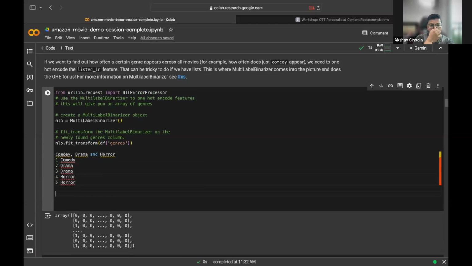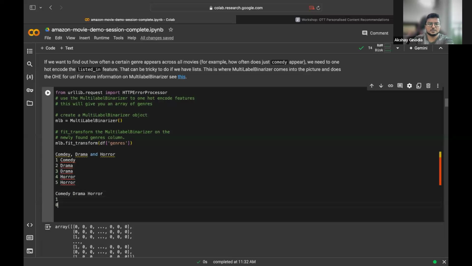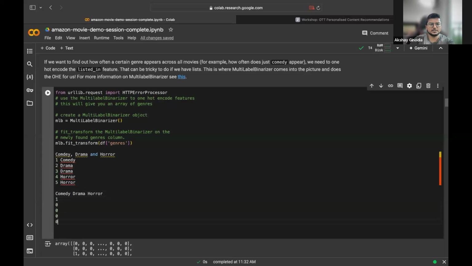what it is going to do is create three columns: comedy, drama, and horror. For comedy, the first row is going to have 1, and the rest of it is going to be 0. For drama, the first one is 0, the second one is 1, the third one is 1.